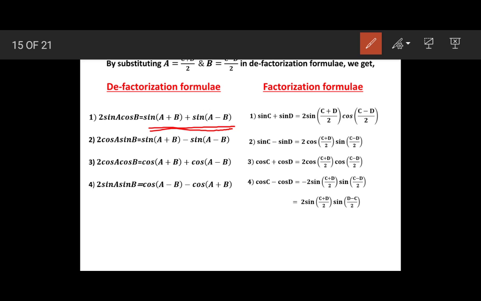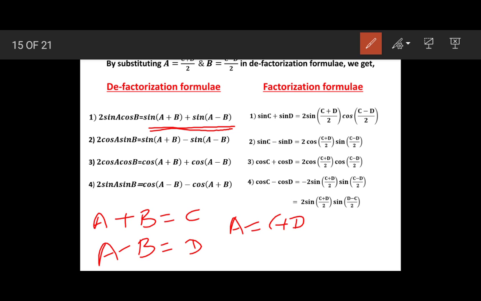In this we are substituting a plus b as c, a minus b as d. Then a is equal to (c plus d) upon 2 and b is equal to (c minus d) upon 2.